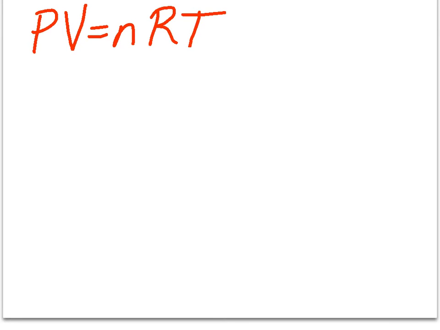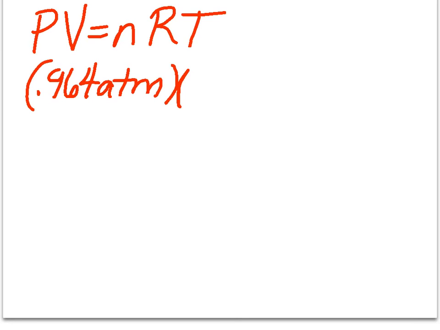So now we're going to use the ideal gas law again. PV equals nRT. We have the pressure of the oxygen is 0.964 atmospheres. We have a volume of 0.650 liters is equal to some number of moles of oxygen that we don't know.